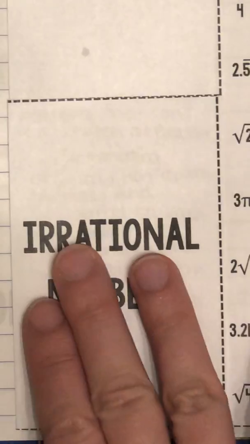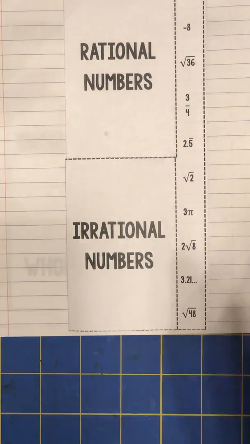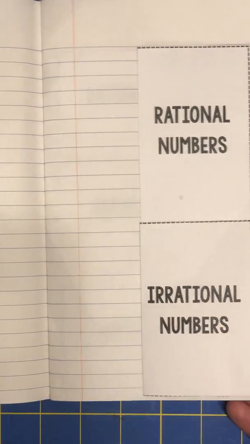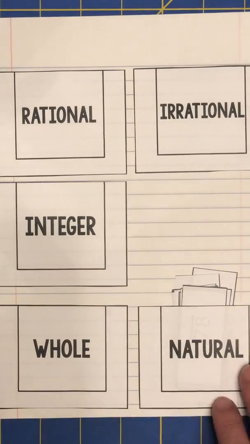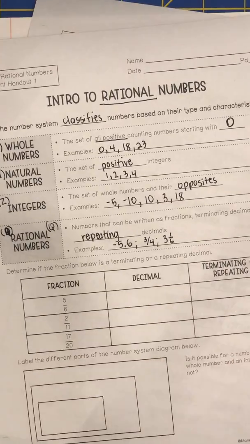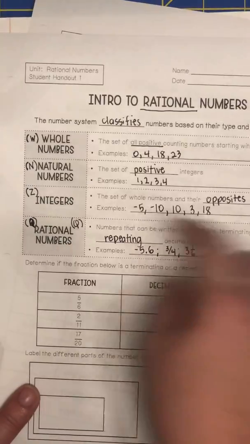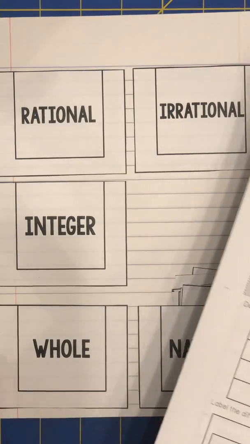All right, and then the second activity that we're going to do today is going to involve another cut and paste activity, and you guys are going to finish this one tonight for homework. So we have the notes on rational versus irrational numbers. We talked about our introduction to rational numbers, where we divided numbers into whole numbers, natural numbers, integers, rational numbers, all these various things.